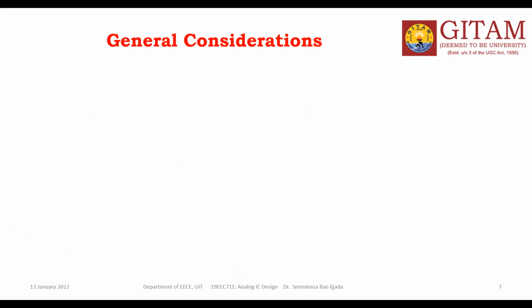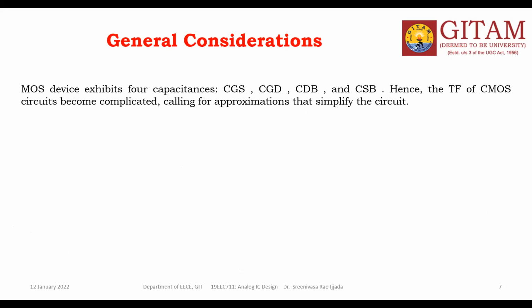Some general conditions we need to discuss before entering into the actual subject. The first thing is a MOS device exhibits 4 types of capacitances. One is the gate to source capacitance, one more is the gate to drain capacitance, one more is the drain to body capacitance, and one more is the source to body capacitance. There are 4 capacitances.